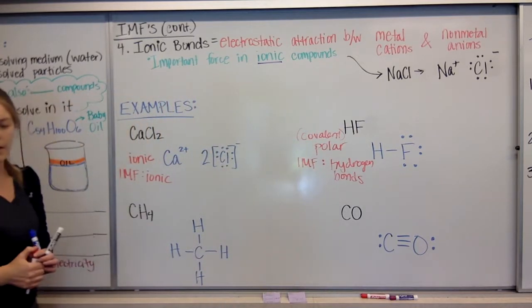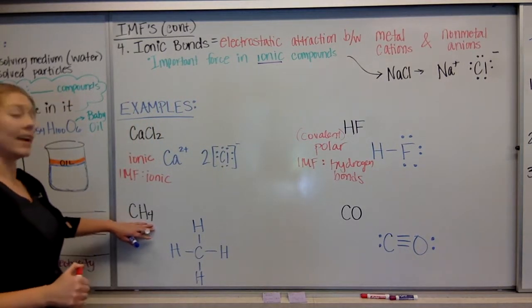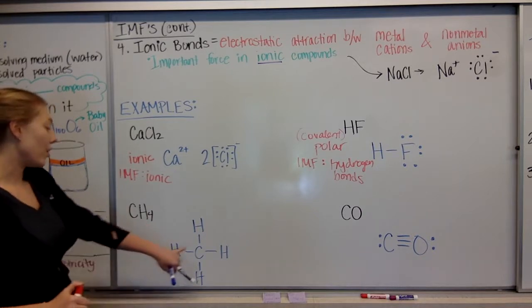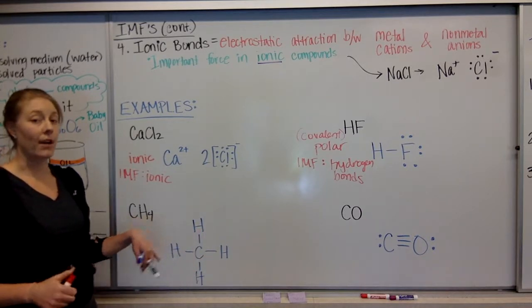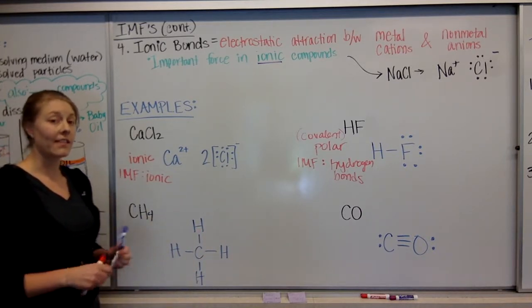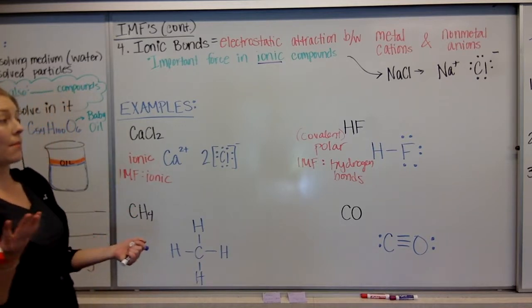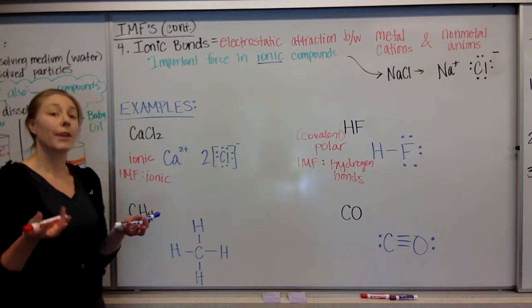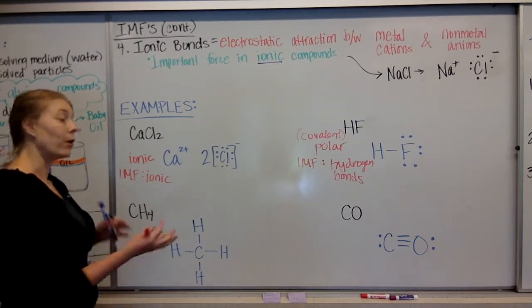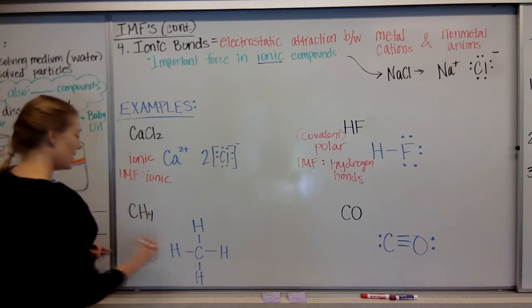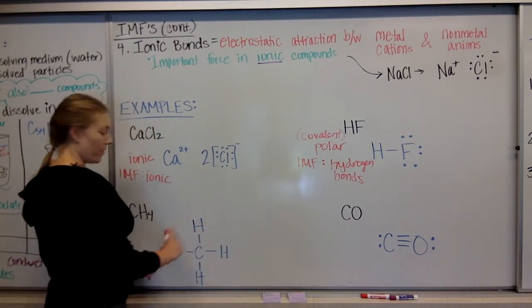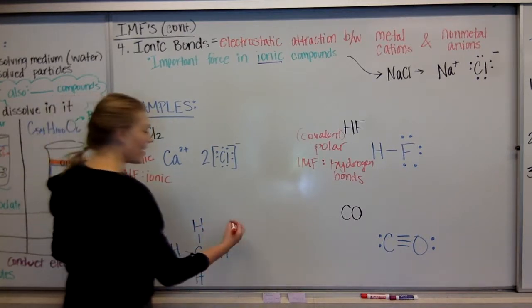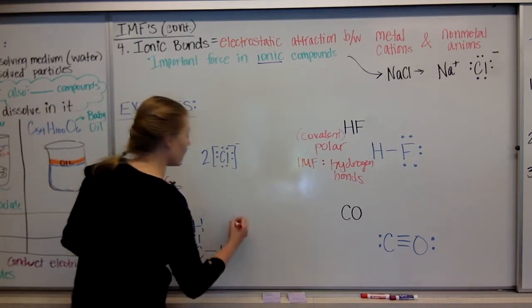Now, our one down here, CH4, we have carbon, 4 hydrogens around it. There are no lone pairs of electrons. The electrons are being shared evenly, more or less, all right? There will be periodic temporary poles that form when electrons are moving. So first of all, we have C bonded to H. This is covalent.